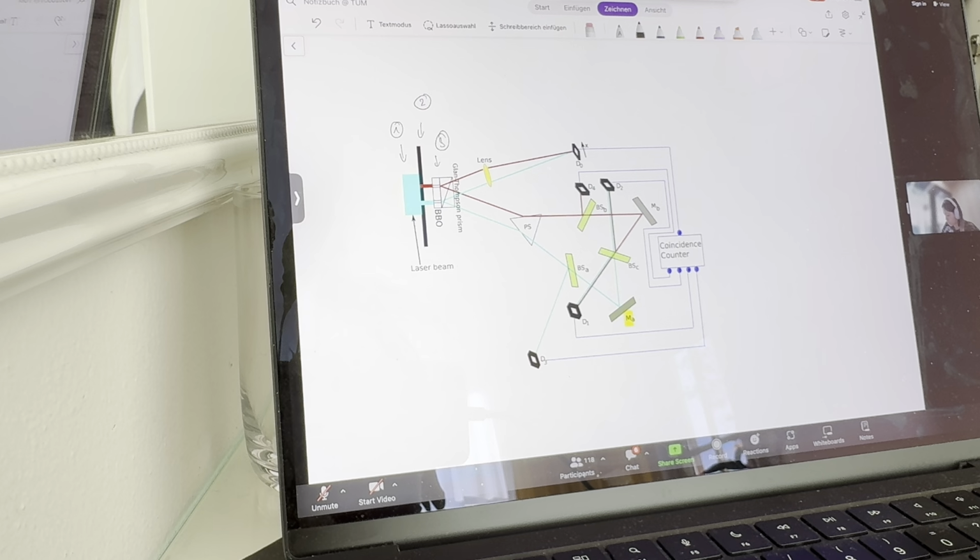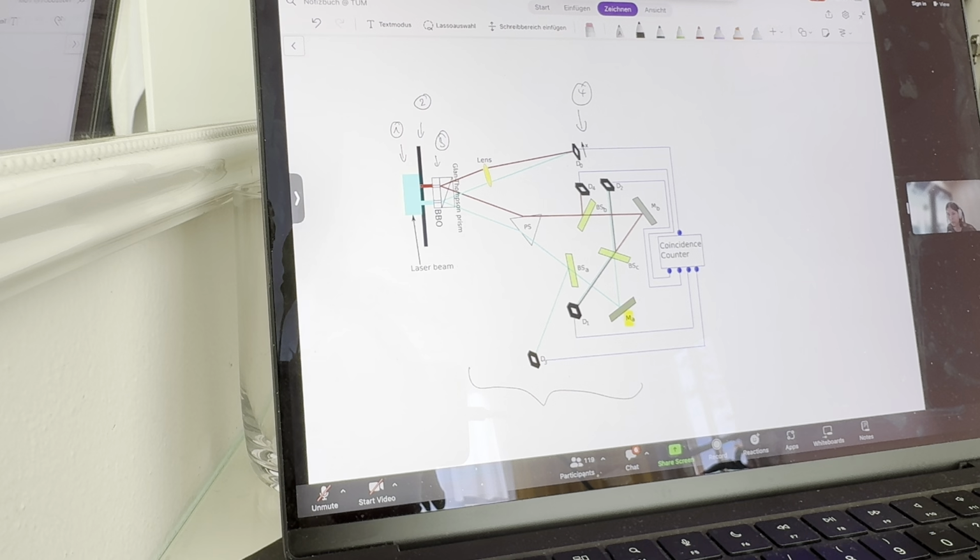Then you have a detector here, where you want to know whether you have this interference pattern or just a diffraction pattern, the pattern that we would expect from classical particles. But since we now have several photons, we will have a more or less complicated way of extracting information about which slit the photon came from.